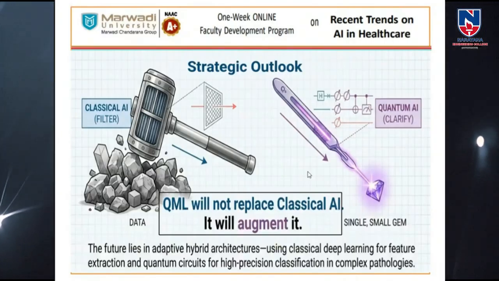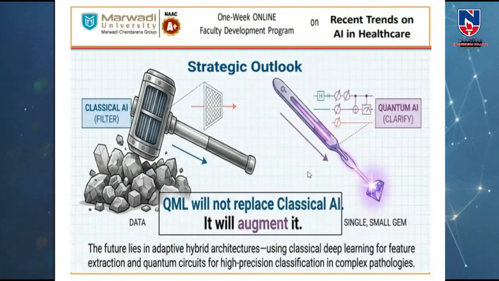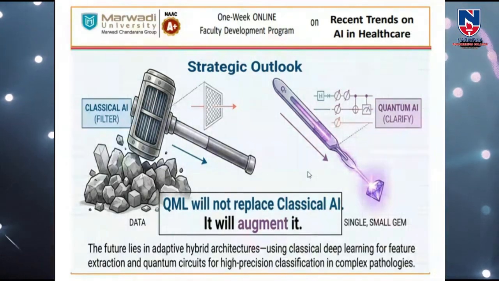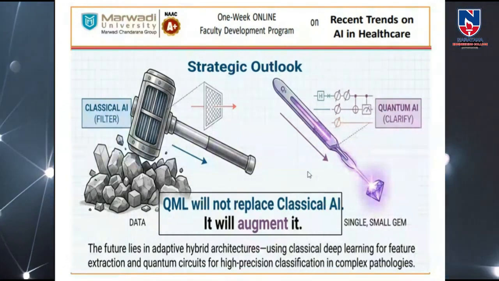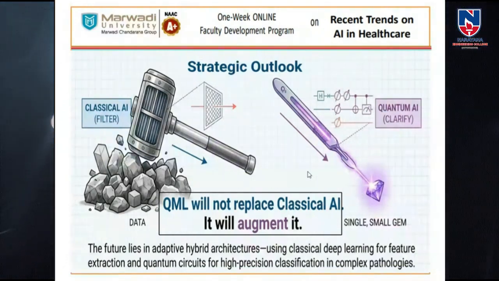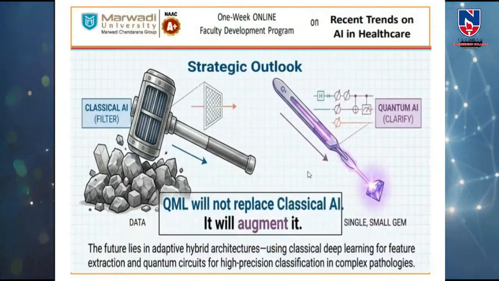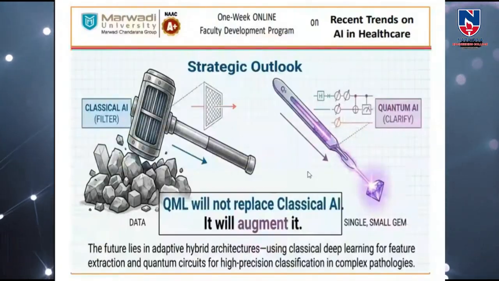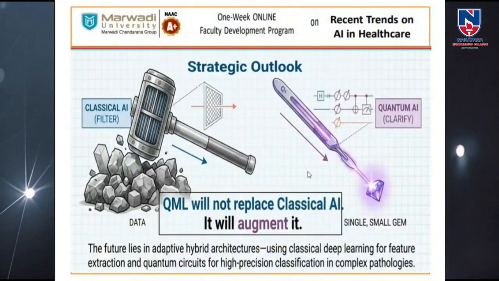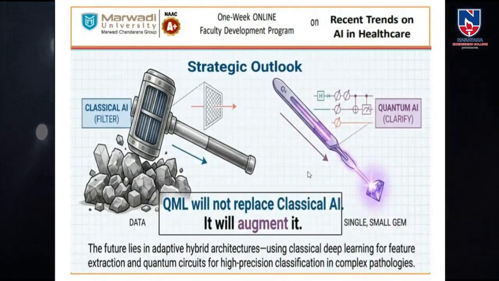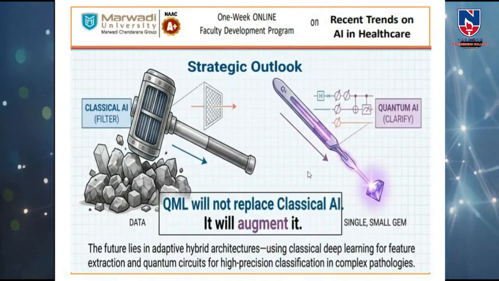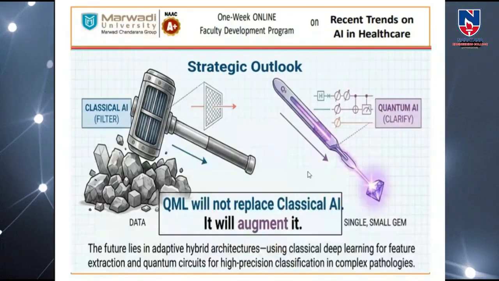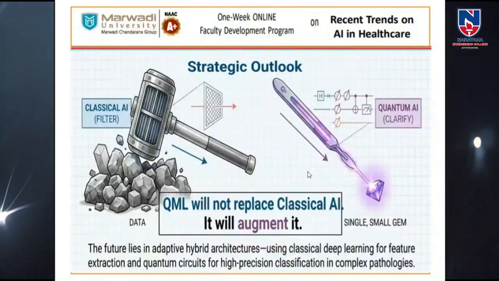If you see the diagram, on the left hand is where we use classical AI, that means when the amount of data is large, the CNN is able to handle a large amount of data, as simple as that. That's why I mentioned the hammer and a large amount of data. Quantum AI is able to handle a small amount of data, where you can be more focused and concise.